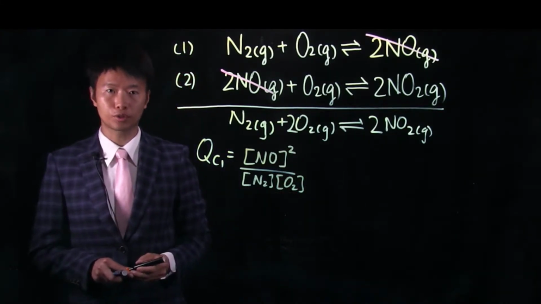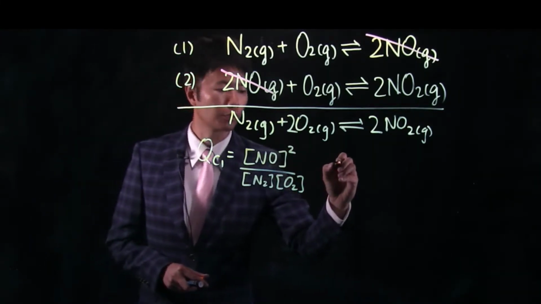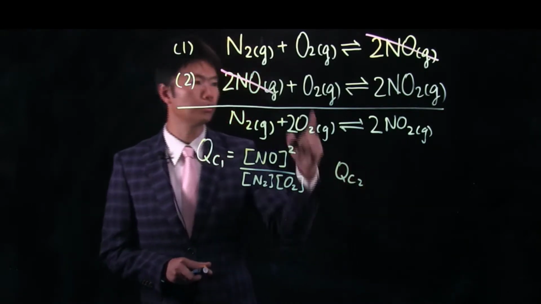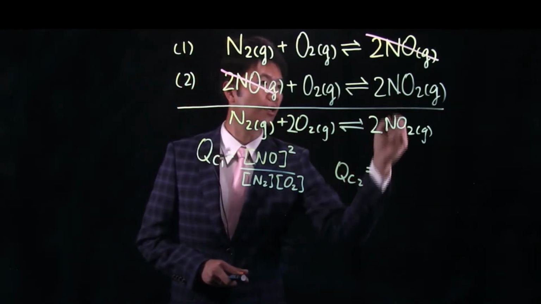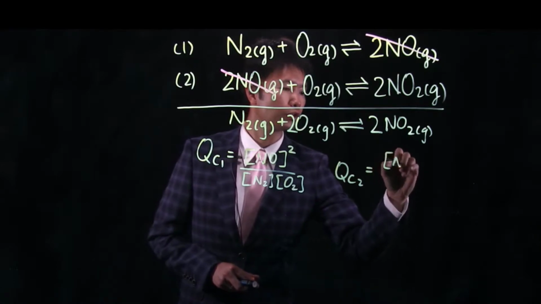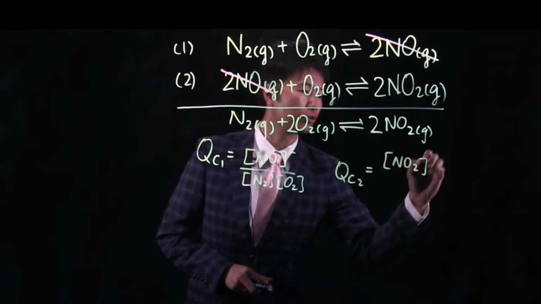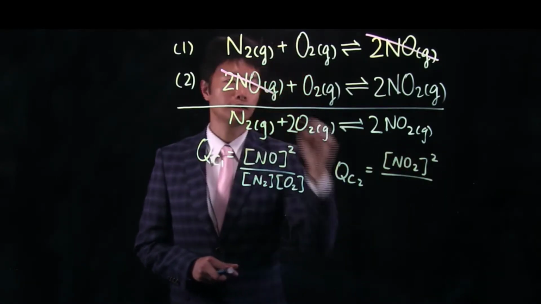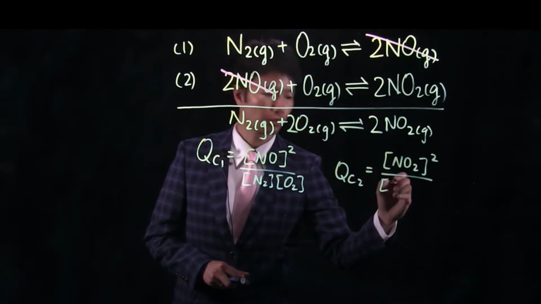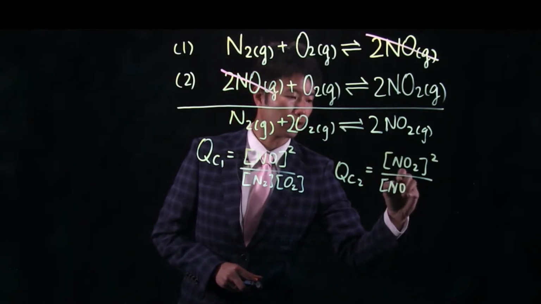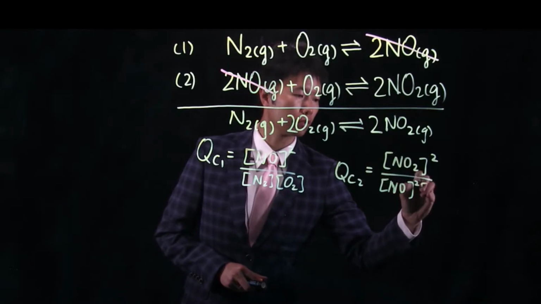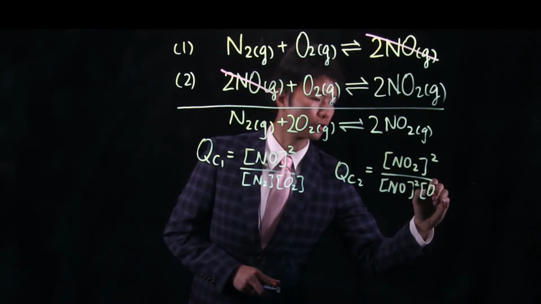That's the reaction quotient for QC1. Now we're going to write down QC2. In this case, we have the molar concentration of NO2 squared divided by the molar concentration of NO squared times the molar concentration of O2.